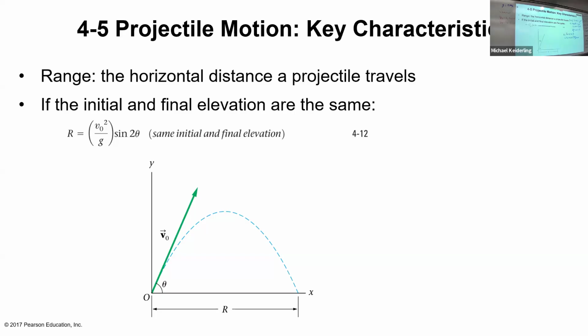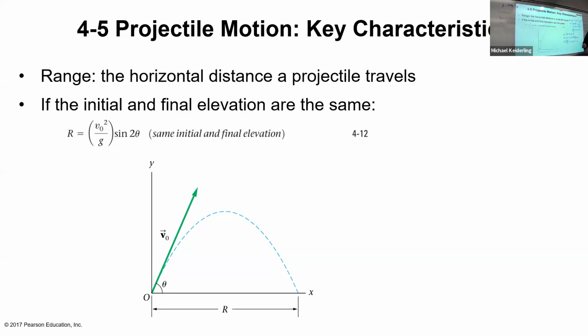Now we can combine and clean this up a little bit. X is v naught squared over g times 2 cosine theta sine theta.